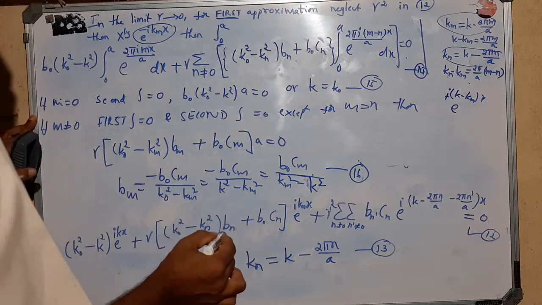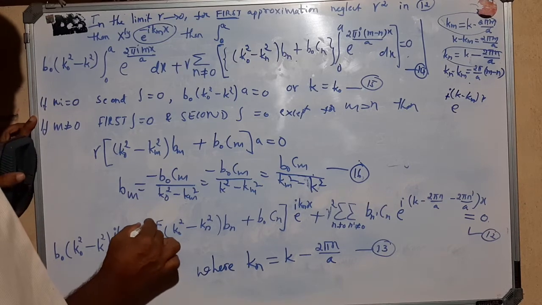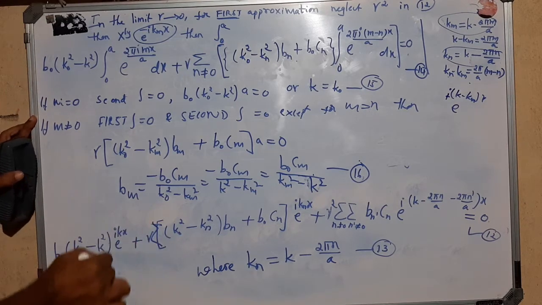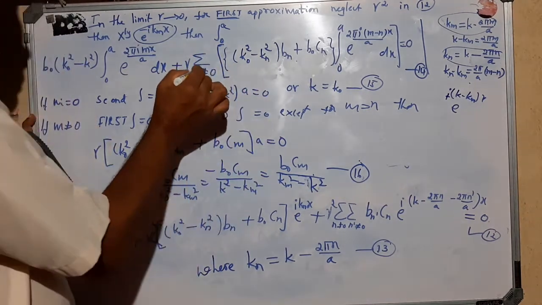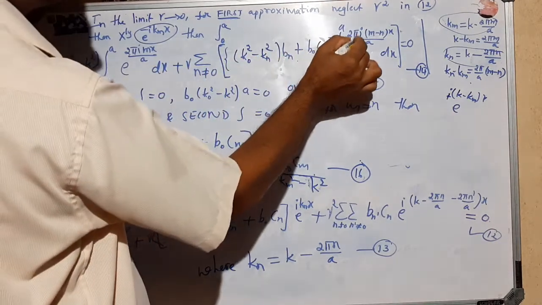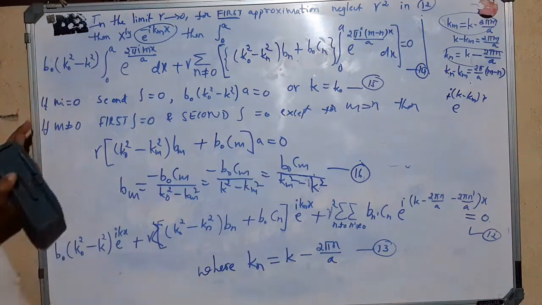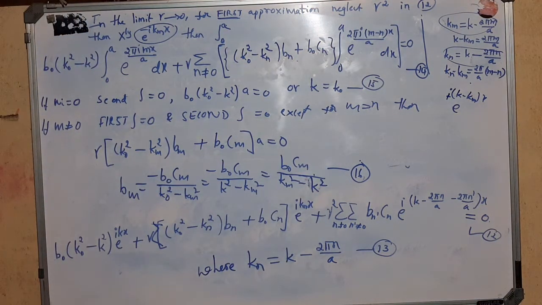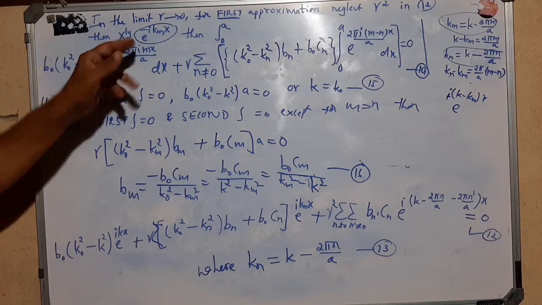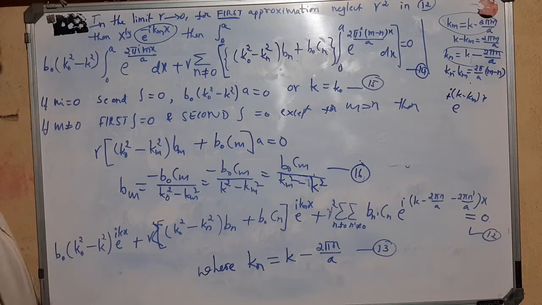Okay. So, here just the summation sign was left out, add it. Now, here gamma e to the power 2 pi (m minus n) x by a dx is equal to 0. Now, how to integrate this? To integrate this equation, m is an integer. Consider m is equal to 0 first of all.